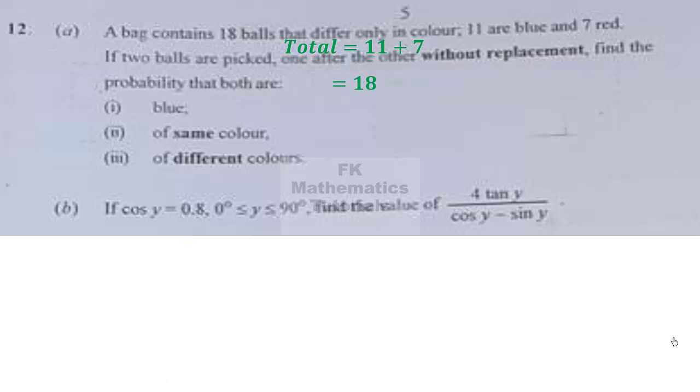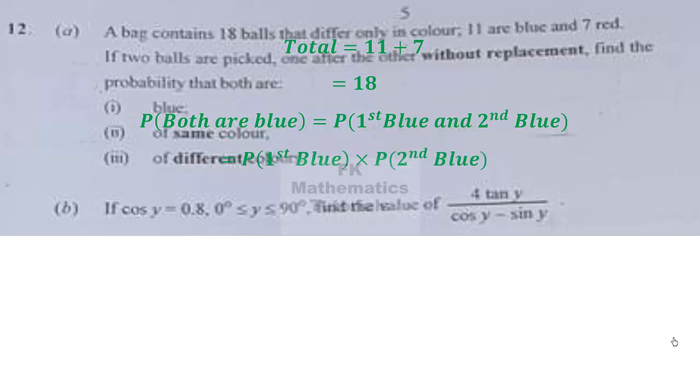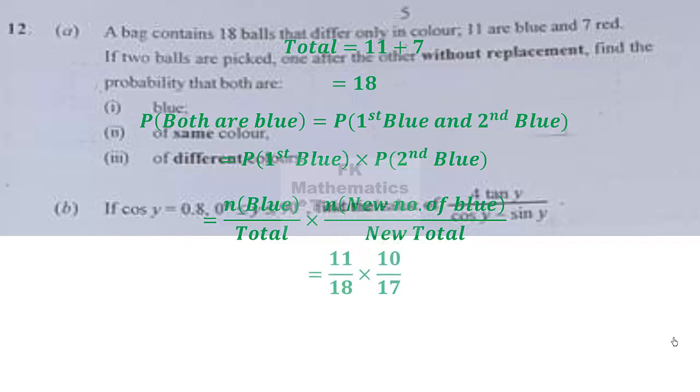So probability that both are blue means the first ball is blue and the second is blue. So probability of the first ball being blue times probability of the second one being blue. We have 11 blue balls, so 11 over 18.